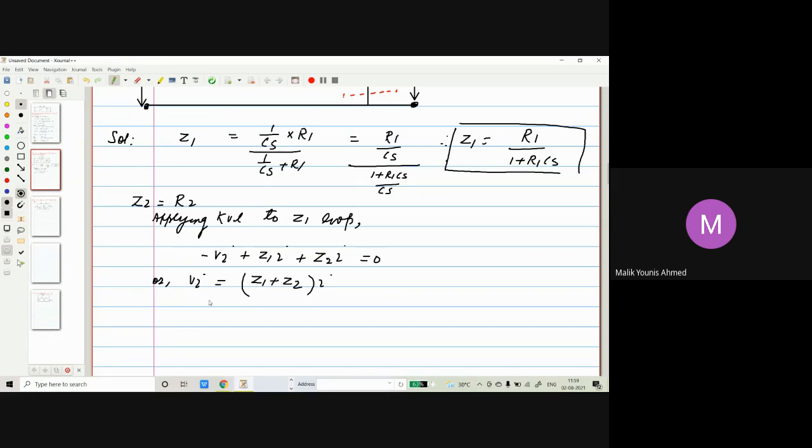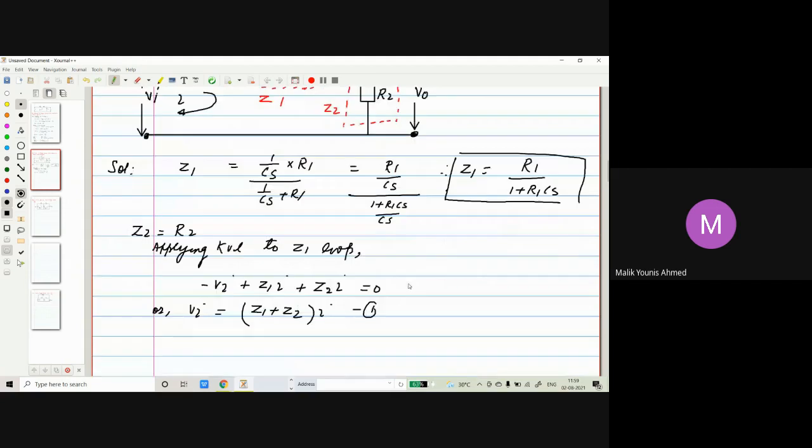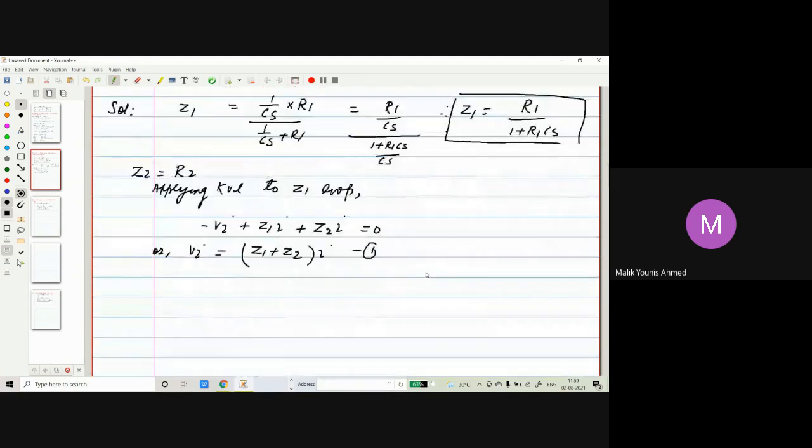First we'll take the equation, then we'll take the Laplace transform. Second, voltage across R2, that is Z2: V naught is I Z2.